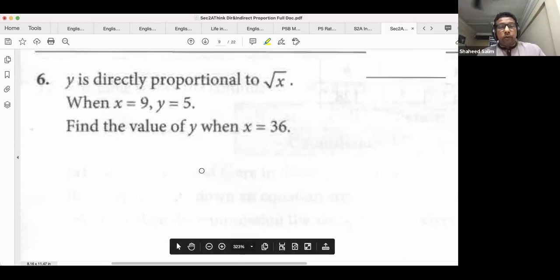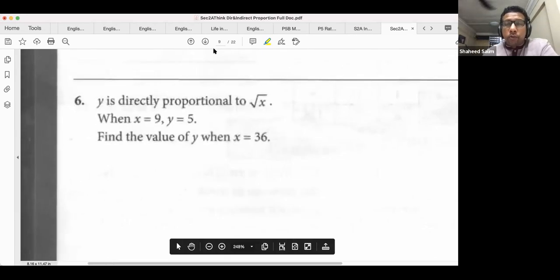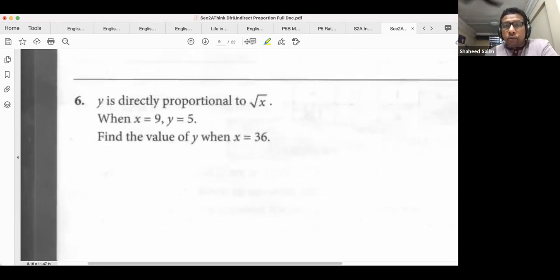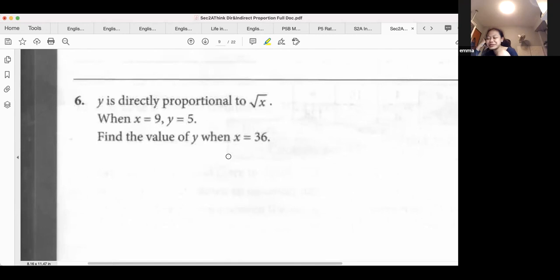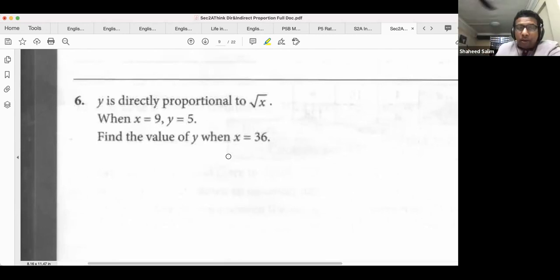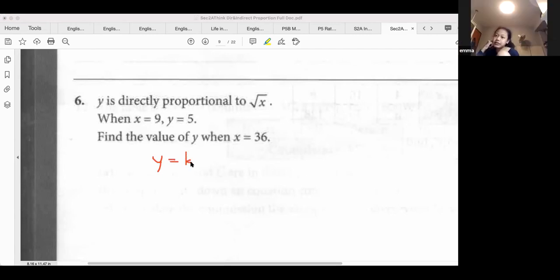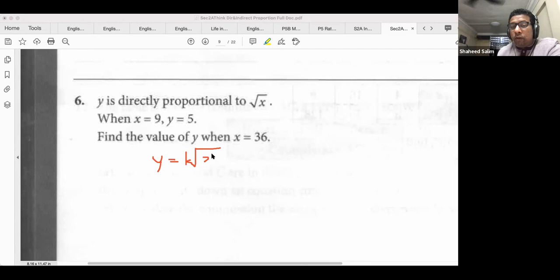Okay. 60. Okay, come. You lead me through now. Or can you take a photo of what you have done? Oh, it's very confusing. Okay, come. So you tell me now. First step, what is the equation? Y equals to k square root x, because we follow this one now. If they say, okay, now, so how to find k?